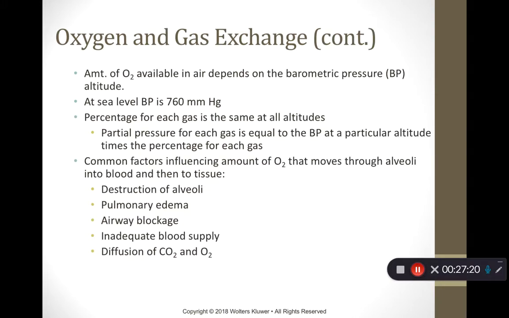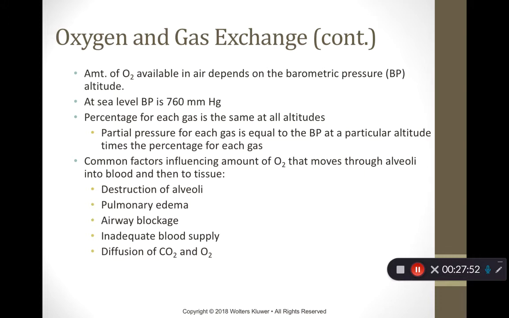So the amount of oxygen that's available in the air depends on the barometric pressure, the BP, altitude. At sea level, the BP is 760 millimeters of mercury. The percentage for each gas is the same in all altitudes. So partial pressure for each gas is equal to the BP, the barometric pressure, at a particular altitude times the percentage for each gas.